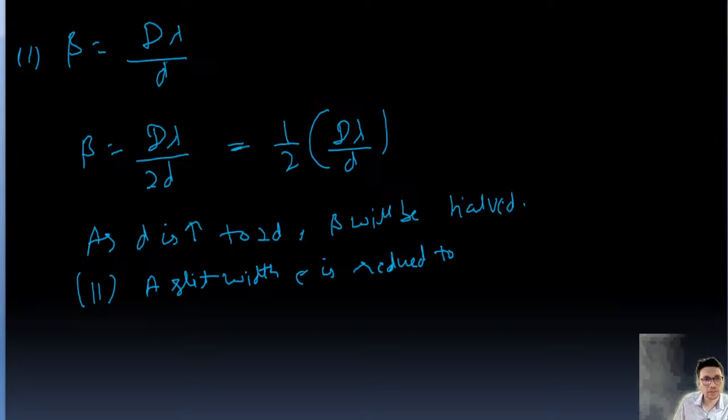Okay, slit width reduced to E by 2. So if we halve the slit width, in that case what is going to happen?